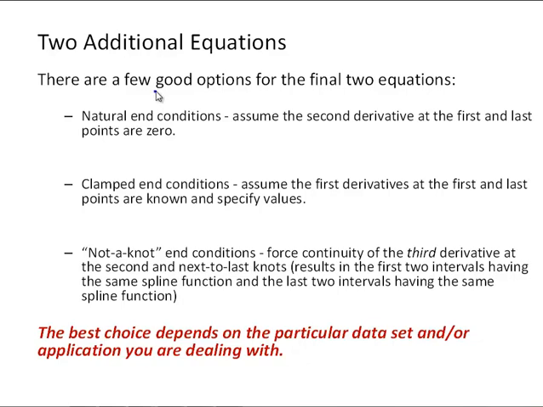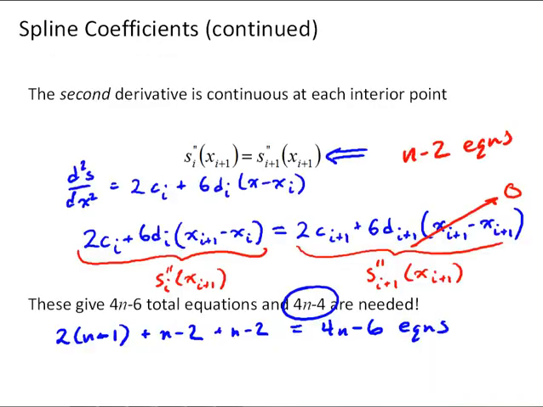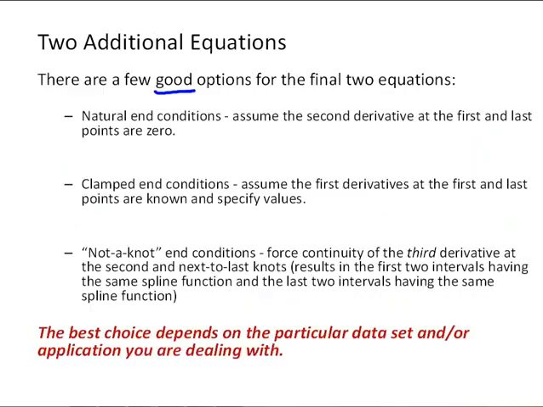There are a few good options for those final 2 equations. One option would be natural end conditions. For natural end conditions, we're just going to assume the second derivative at the first and last points is equal to 0. So that'll give us 2 equations of the form 2ci plus 6di times x minus xi equal to 0 at the first and last points.